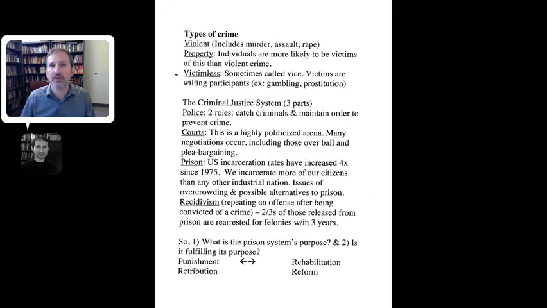Another category, victimless crime, is sometimes called vice. It's sometimes also called public order crime. And here, the victims are participants, willing participants. The line I always say to people is that you don't ever see someone run up to a police officer and say, "Oh, officer, I've been a victim of prostitution," right?